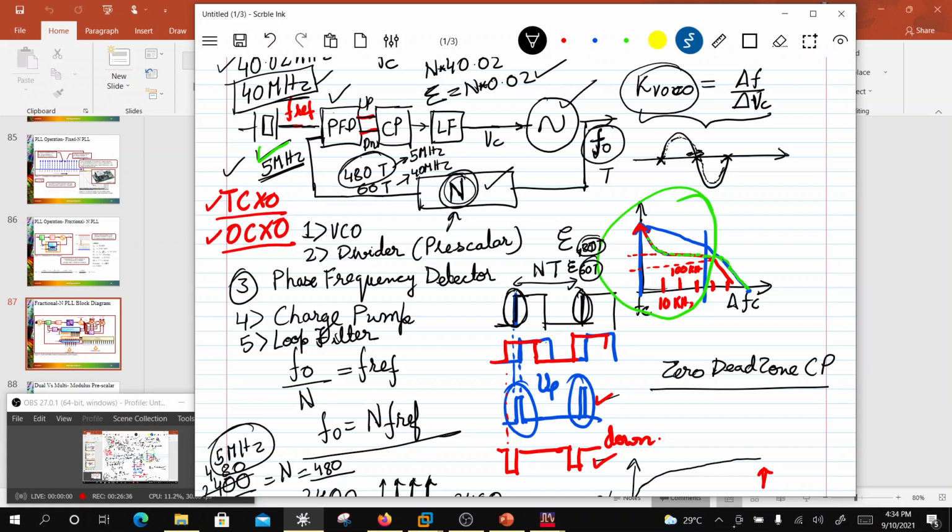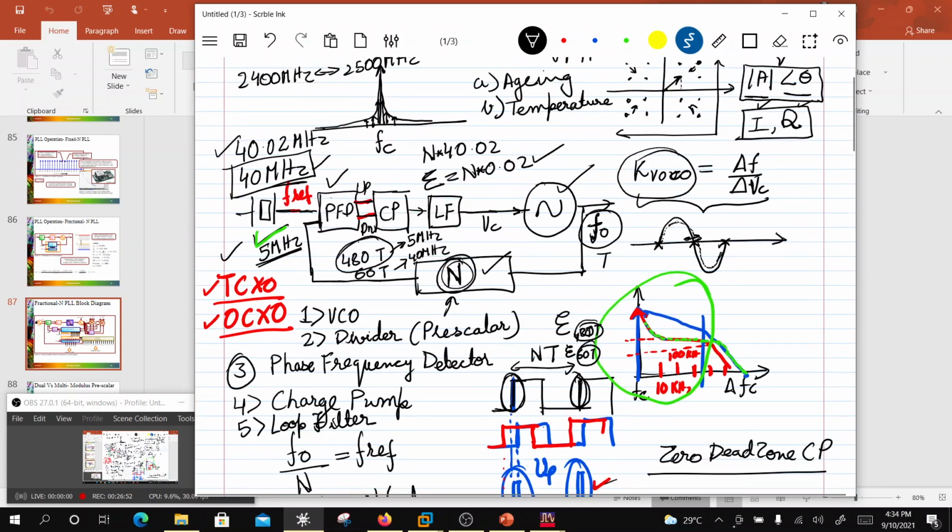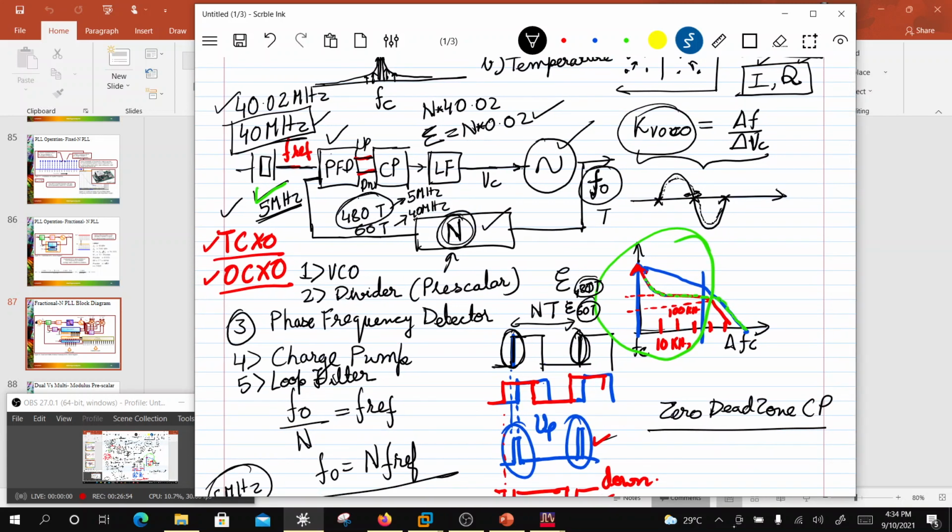So you understood the problem here. If I have a large divide ratio, there are two things which can happen. One is it will be allowed to fall off, and then it will catch up again. So basically it will unlock and lock again. This is going to give you some kind of jitter or some kind of response, which is basically at FC.